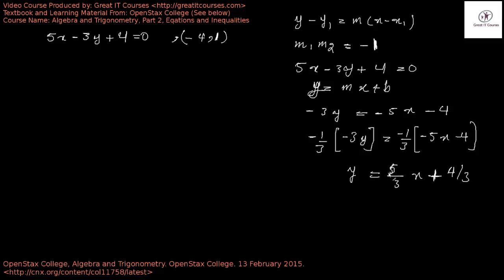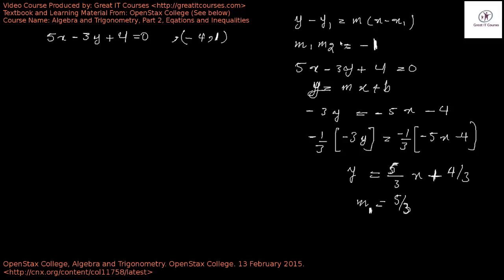So this is the equation of the baseline in slope-intercept form. Now here my m is equal to 5/3. So this is 5/3, and I just call it m1, for example.